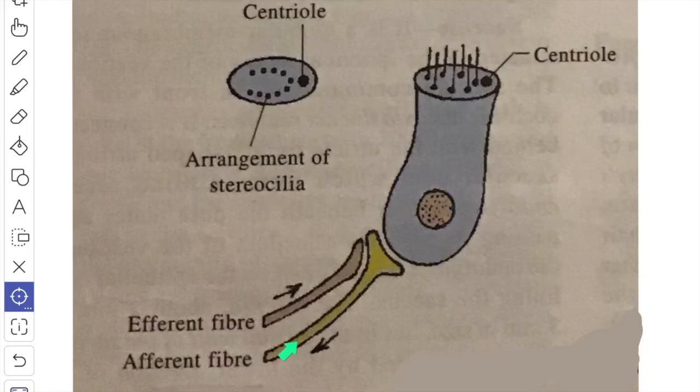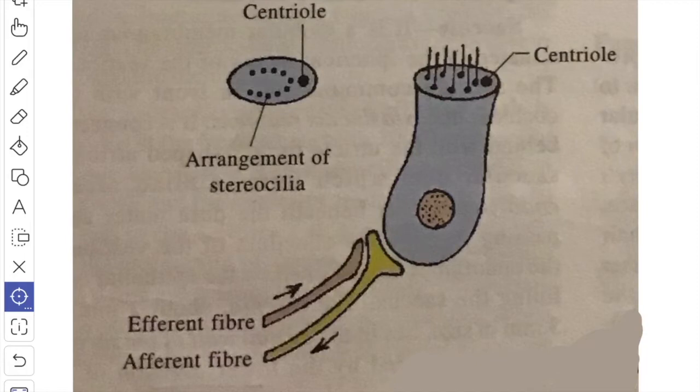The afferent fiber of the cochlear nerve comes in direct synaptic contact with the plasma membrane of the hair cells. The terminal boutons of the efferent fiber of the cochlear nerve make synaptic contact only with the lateral aspect of the afferent fibers, and they do not reach the hair cells directly.